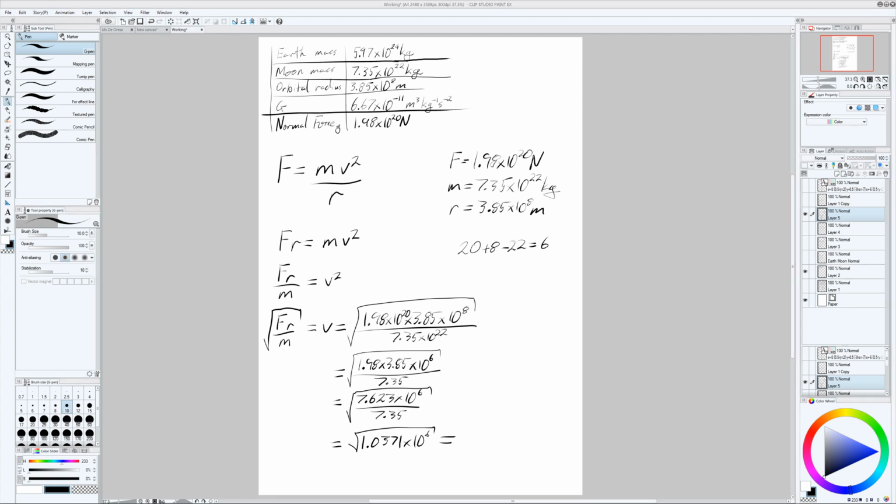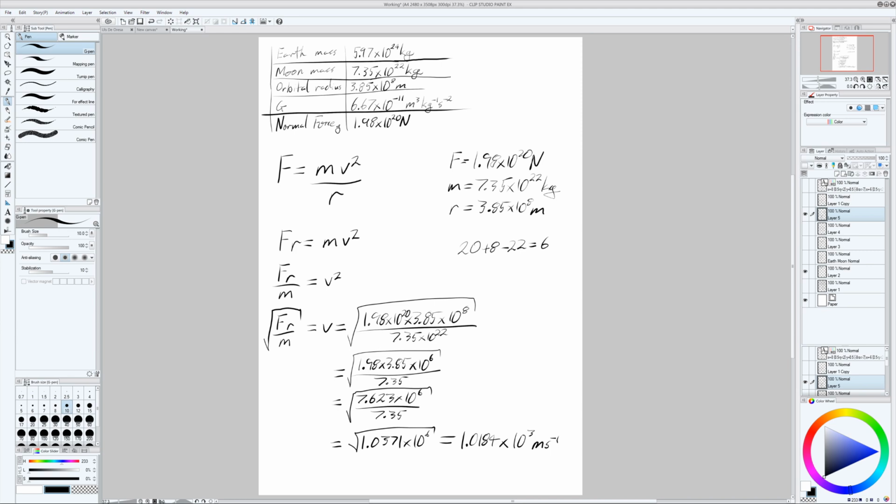The square root of that is 1.0184. And then the thing to consider: a square root is a power of a half, and when you have something to the power of something, then to the power again, you multiply the powers. So 6 times a half is times 10 to the 3, and this is going to be meters per second.